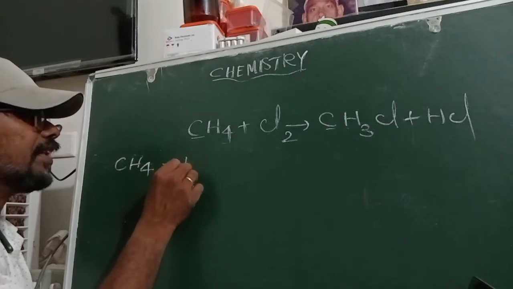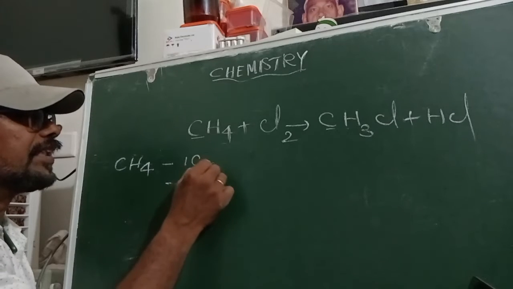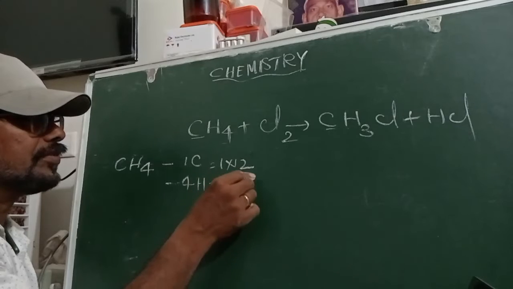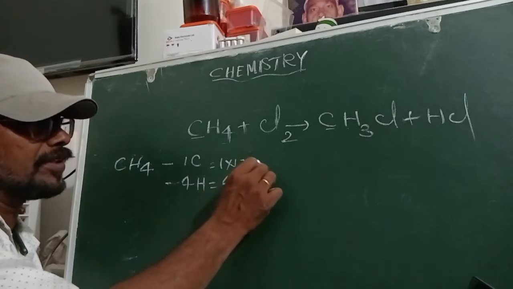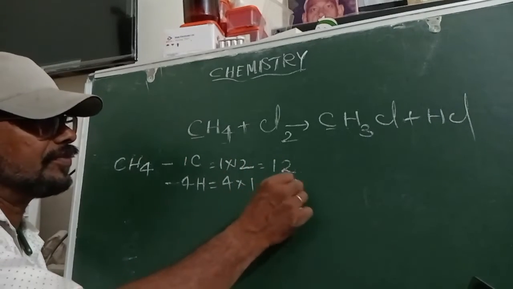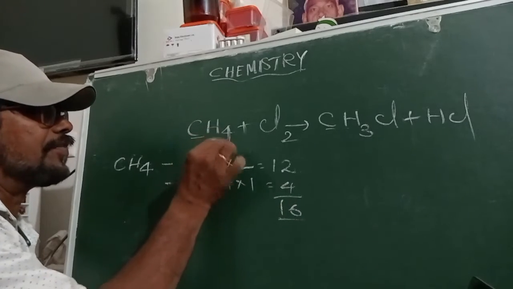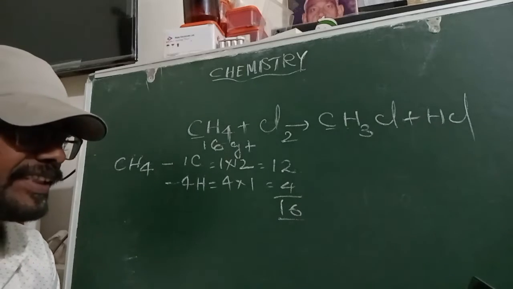In this 1 carbon and 4 hydrogens, that is equal to 1 into 12, 4 into 1, because hydrogen's atomic weight is 1. Now total is 12 and 4, that is 16. So 16 grams of methane.